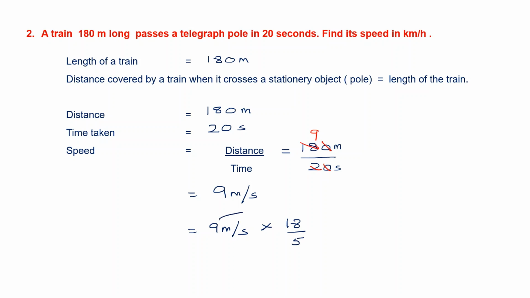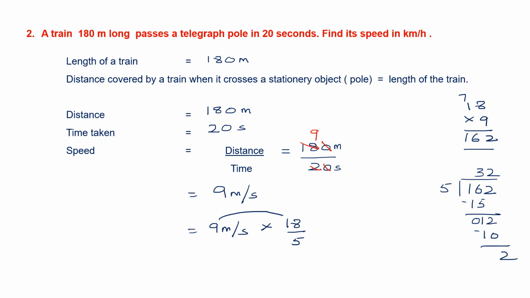No, there's nothing. So let's multiply 9 into 18. 9 8s are 72, carry 7. 9 1s are 9 plus 7 is 16. So we have 162. Now we can divide that by 5. 162 divided by 5. 5 3s are 15, 16 minus 15 is 1, and then I bring down 2. 5 2s are 10, minus 2.